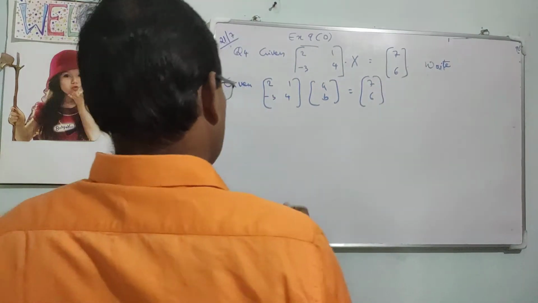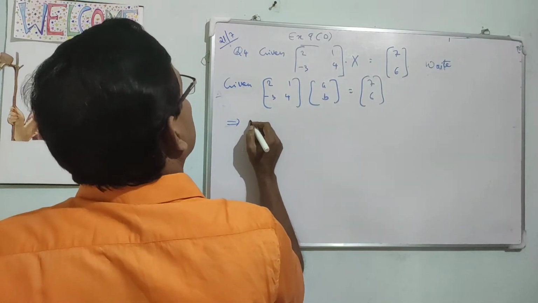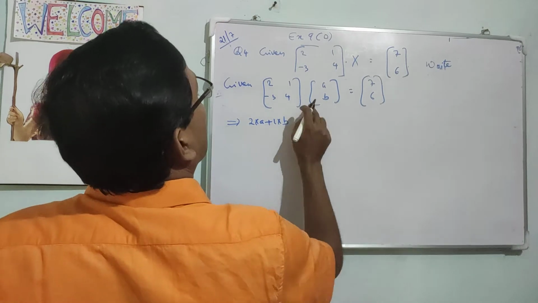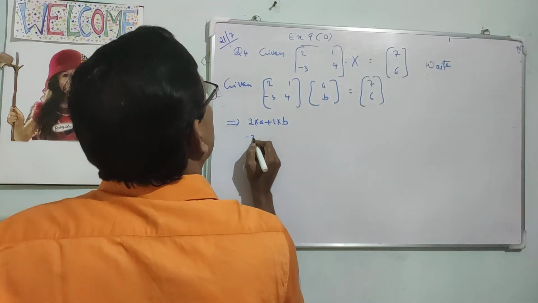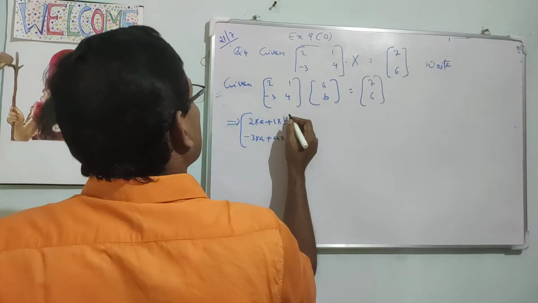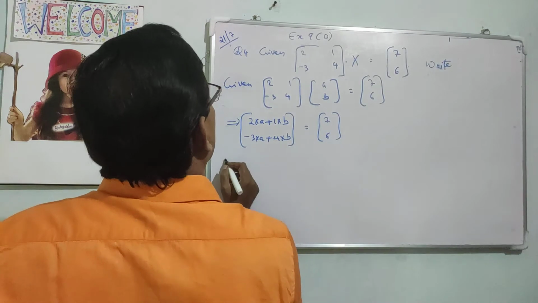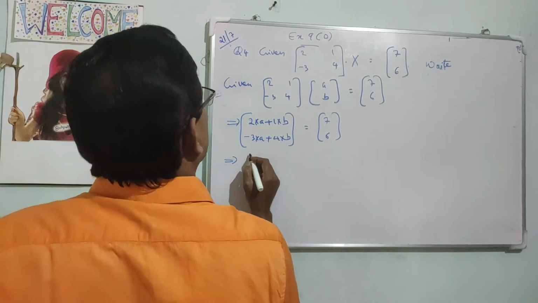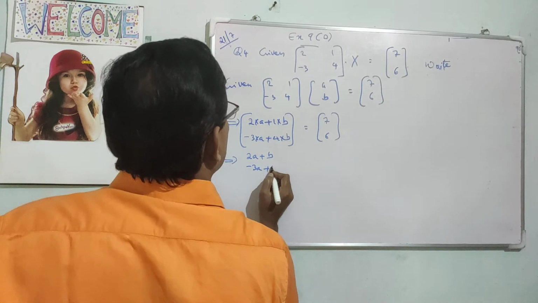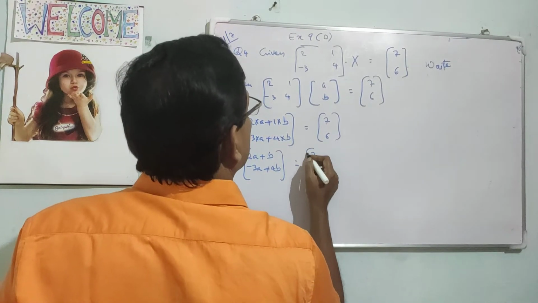If you multiply this, the multiplication gives 2 into A plus 1 into B, and minus 3 into A plus 4 into B. That will be the product, that is 7, 6. How will it look? 2A plus B, minus 3A plus 4B is equal to 7, 6.